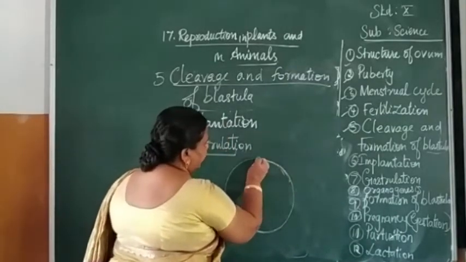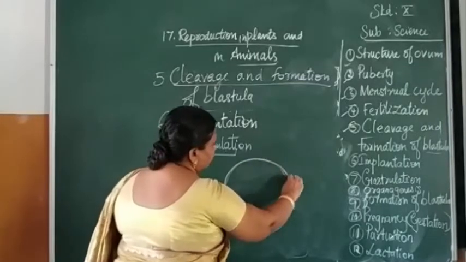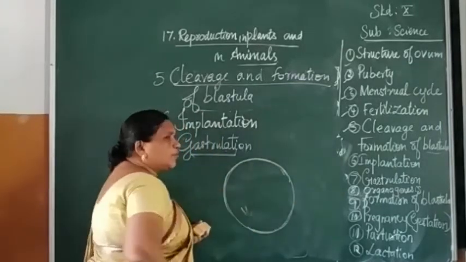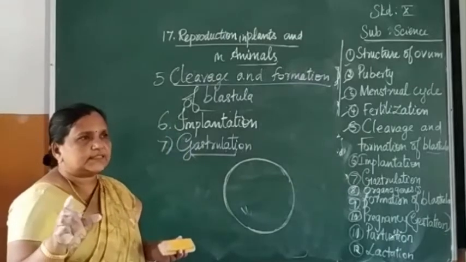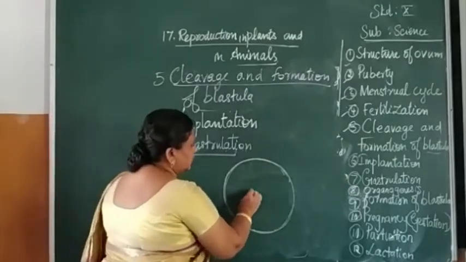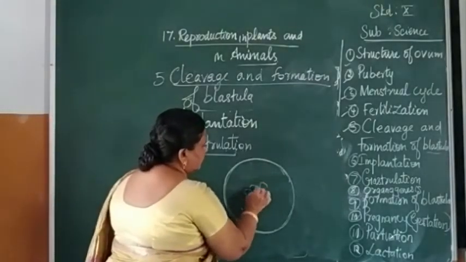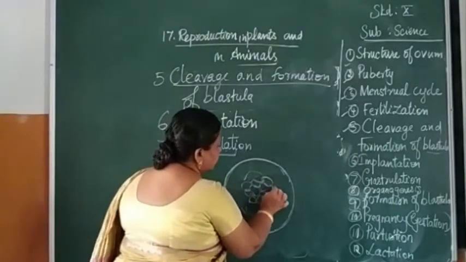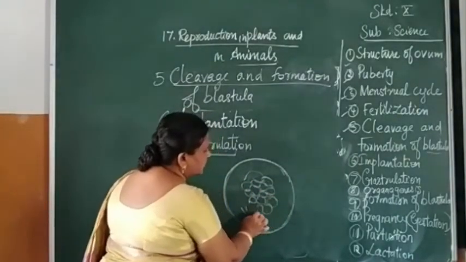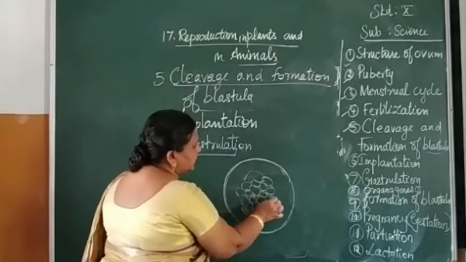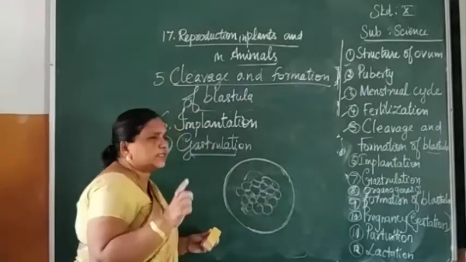The outer layer is made up of trophoblast, or epiblast and hypoblast. On the inner side we can see the mass of cells. The mass of cells is present because the number of cells is increasing by mitotic division.